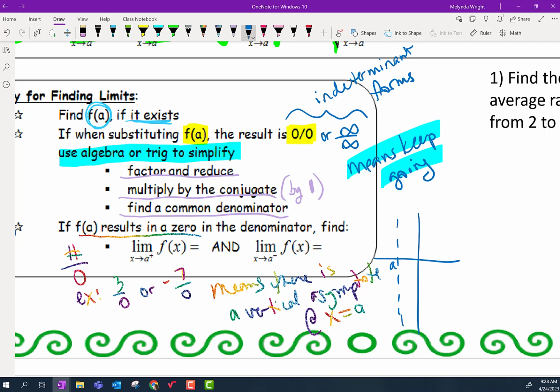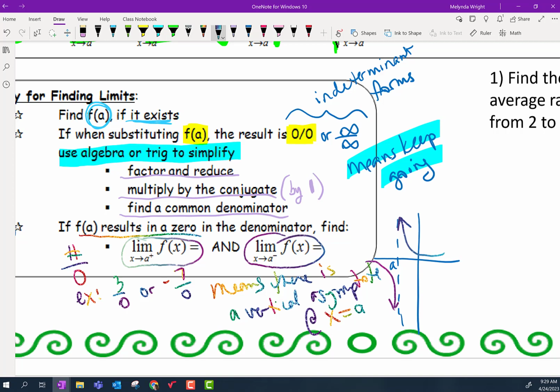So we've got to look at the behavior of the function. As x goes to a from the right, perhaps it's going up like this. As x goes to a from the right, it's headed to positive infinity. And perhaps in this example, as x goes to a from the left, it's headed to negative infinity. That's going to give us our answers, right?